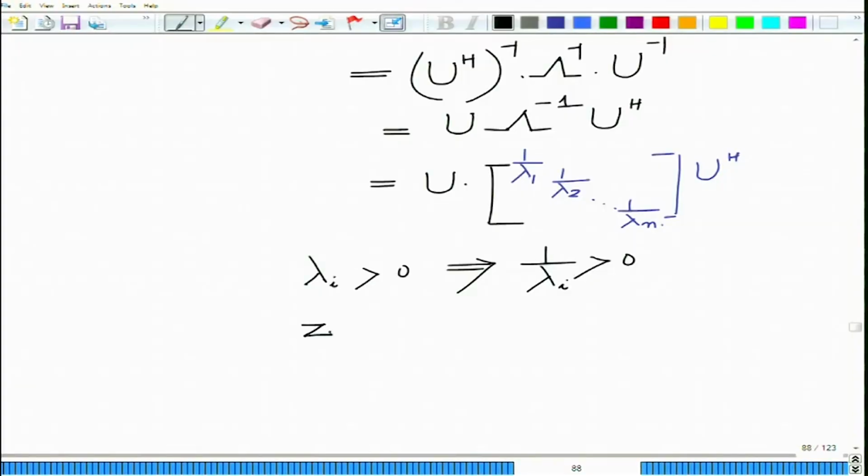And you can also check this as follows. For instance, if we consider Z bar transpose A inverse Z bar for any real vector, I can now write this, since this is a real vector, as Z bar Hermitian. A inverse we have seen is U lambda inverse U Hermitian Z bar.